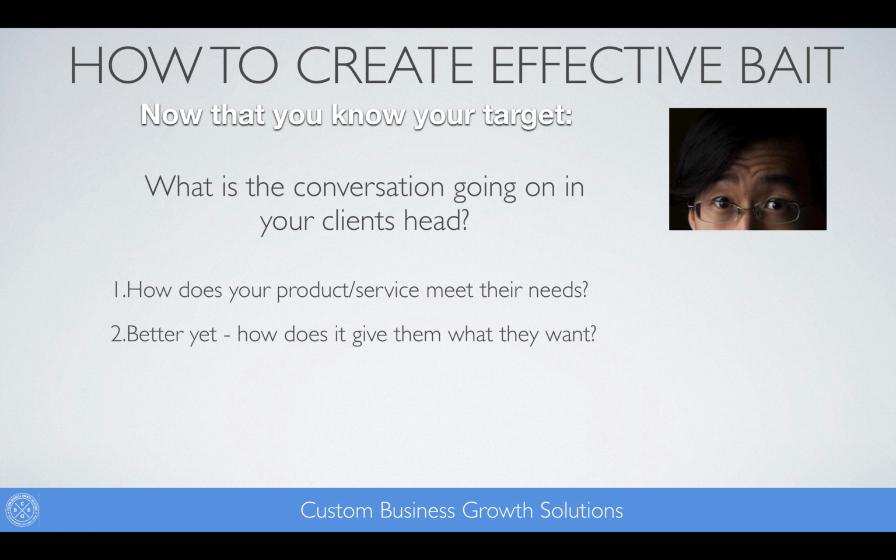Better yet, how does it give them what they want? Okay? But it's important to know their needs, but people buy based on what they want more than what they need. And if you even analyze your own life, you probably know that's true. So think what was the last thing that you purchased, and was that something that you really needed or something that you wanted?